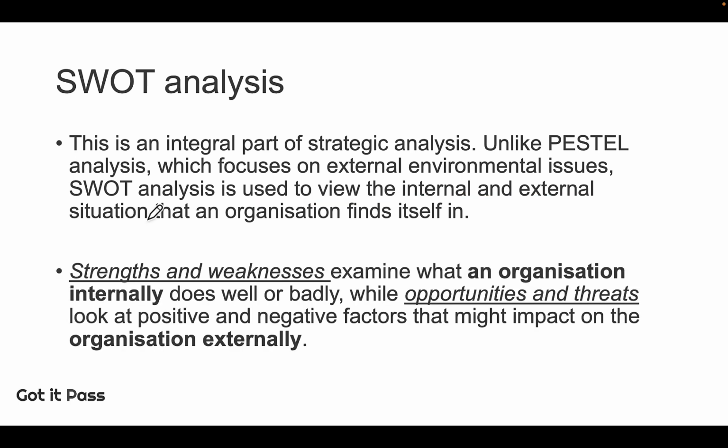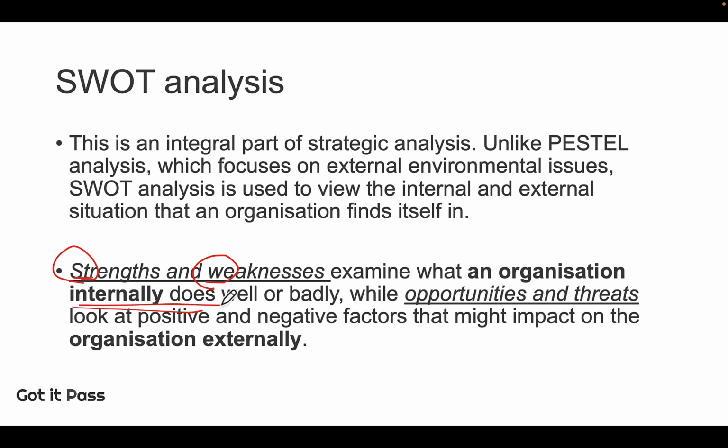A very important definition of SWOT analysis is you have to be clear of which elements are internal and which elements are external. For strengths and weaknesses, S and W here, they examine what an organization internally does.